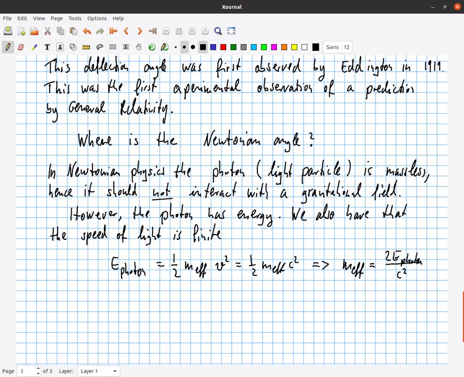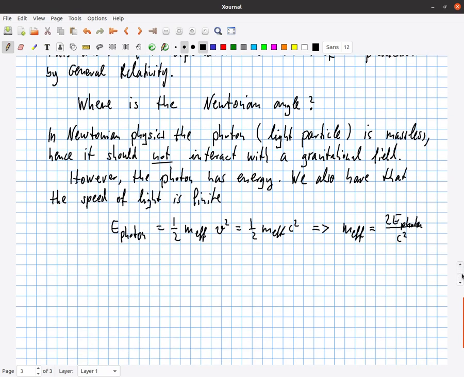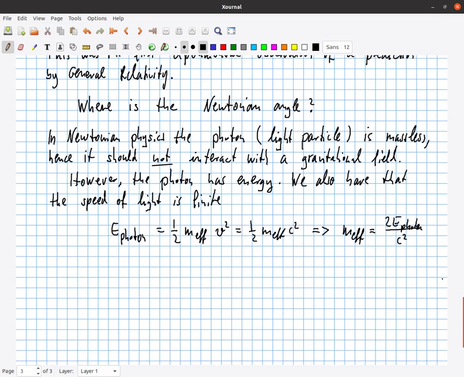On the other hand, we say, well, if it has an energy and we interpret this energy as kinetic energy, then we can associate an effective mass to this. If we have an effective mass, then we can, of course, study its Newtonian trajectory, assuming it is a particle of this effective mass. So this breaks our modern point of view of physics, but is in a sense the way one can extract a result out of Newtonian physics.